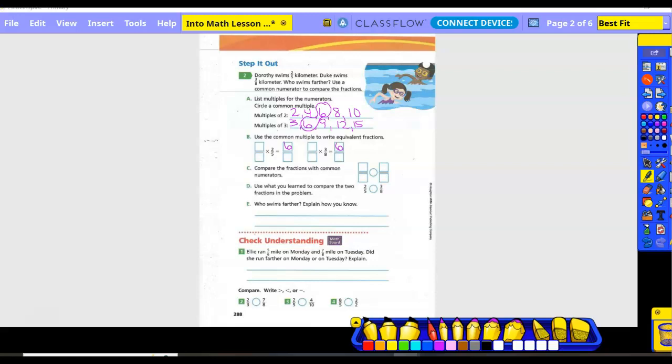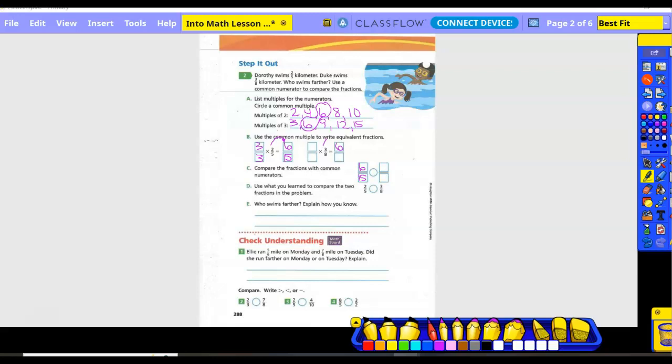Okay, now how did I get from 2 to 6? By 3. And what I do on the top, I do on the bottom. So 3 times 5 is what? 15. So 2/5 is also equal to 6/15, right? So I'm going to go ahead and write that here, 6/15.